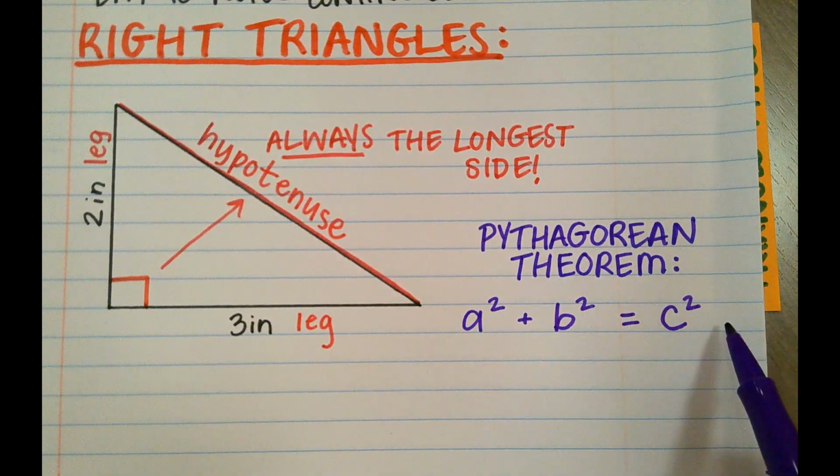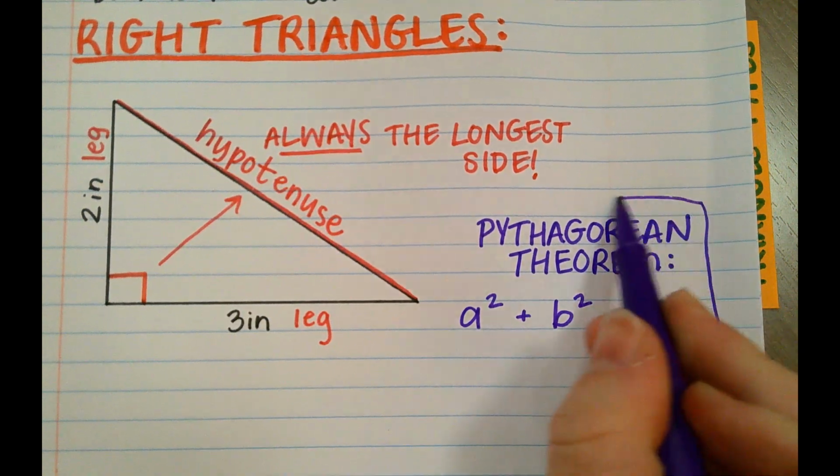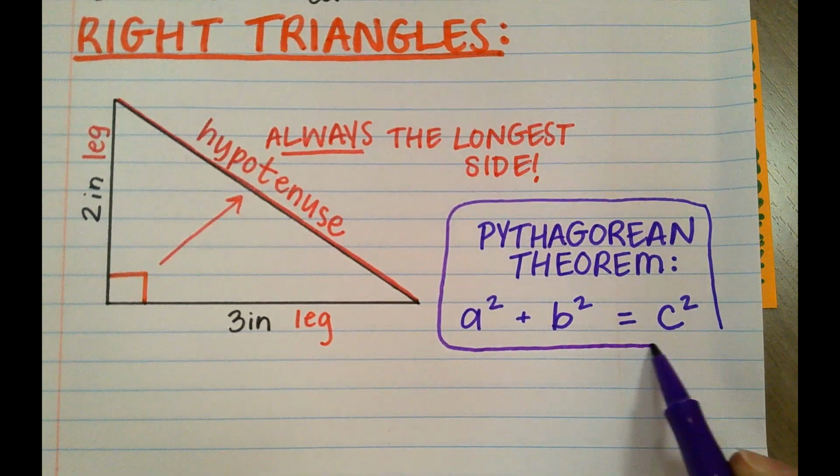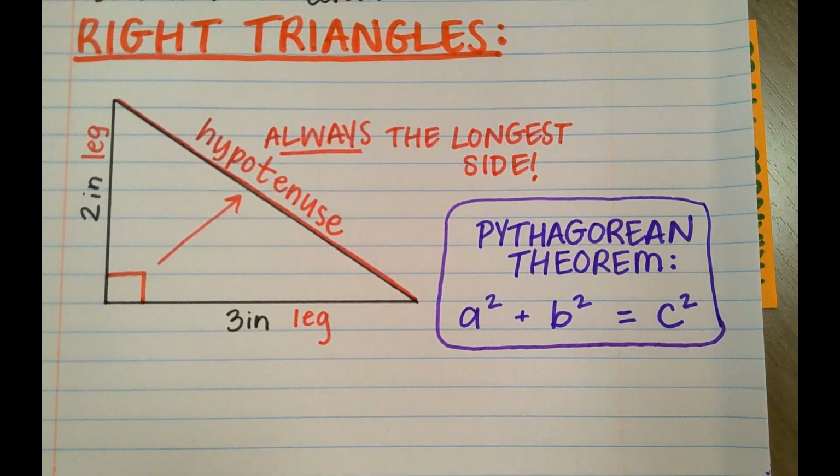And that's it. So I'm going to box that into its own little section so I remember that this is an important formula that we need. This is only used for right triangles. Only. I don't believe you can use this to solve for lengths with other triangles.